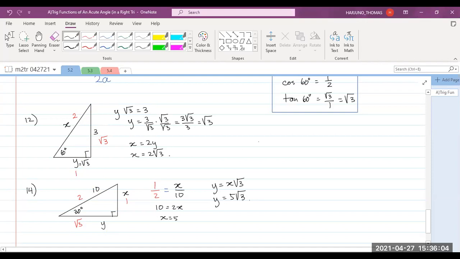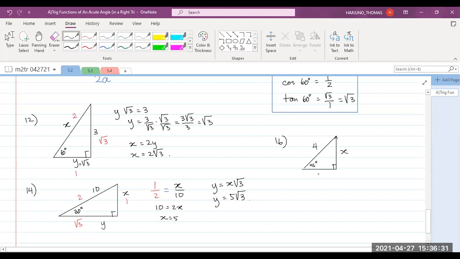Now, what happens if you have number 16, which is a 45 degree triangle? So this is 45 degrees here, and this is 4.